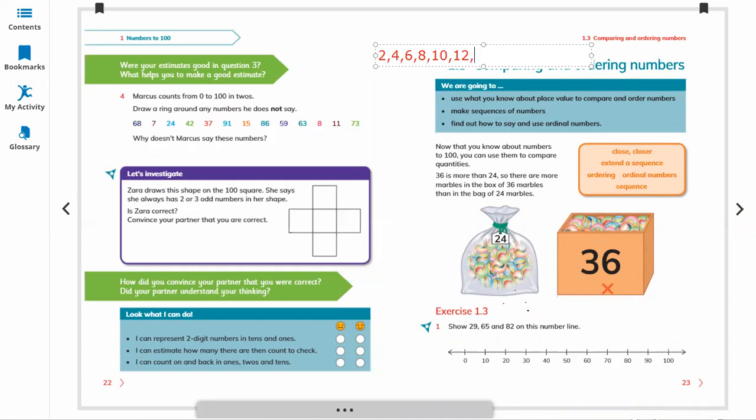12, 14, 16, 18, 20. So 22, 24, 26, 28, 30, 32, 34, 36, 38, and so on.